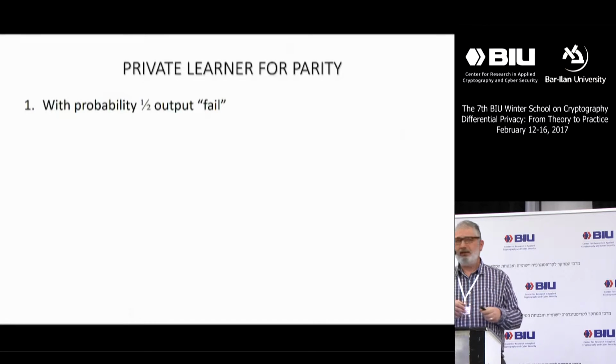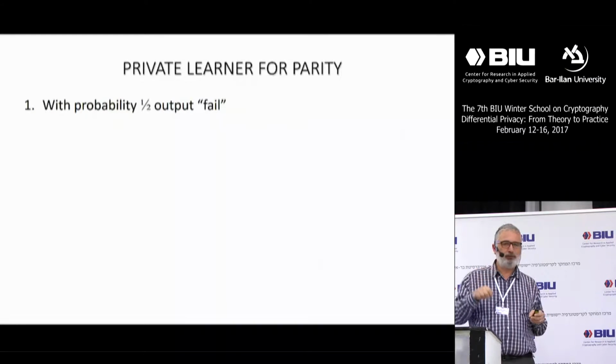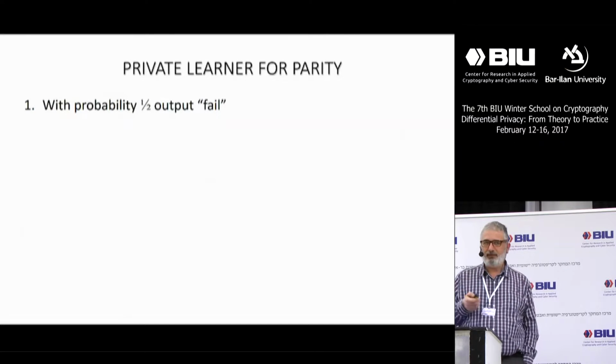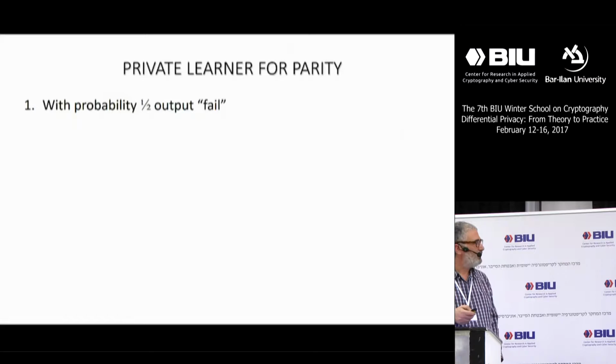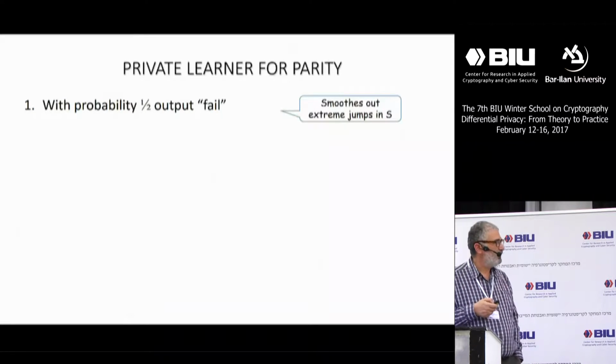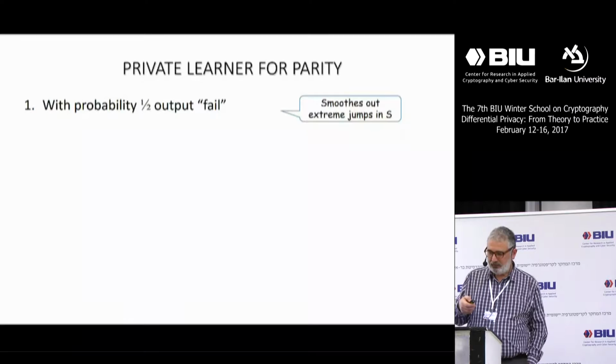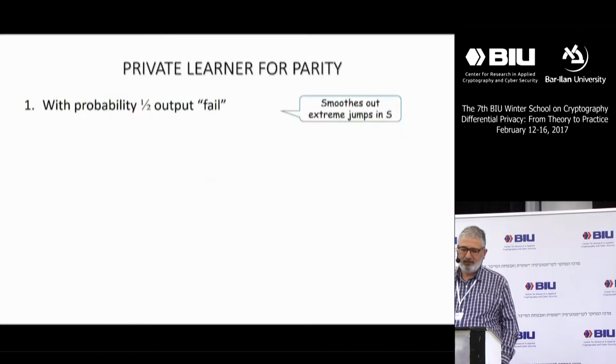Clearly, this is the line of code you should erase from your program. But if you do that, it will affect privacy, unfortunately. So with some probability, let's say 1/2, we fail. So sometimes, because of these extreme jumps in the solution space, we have to fail.